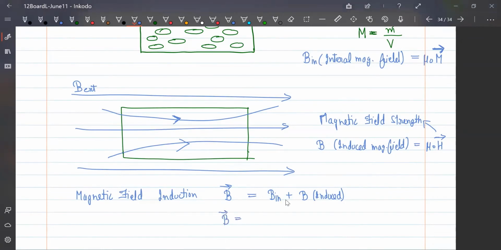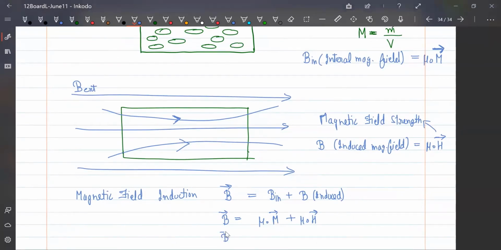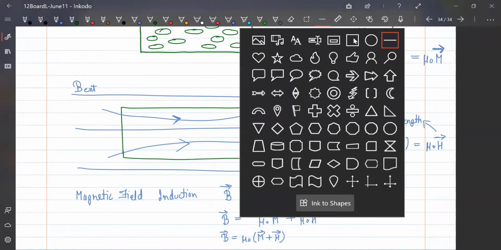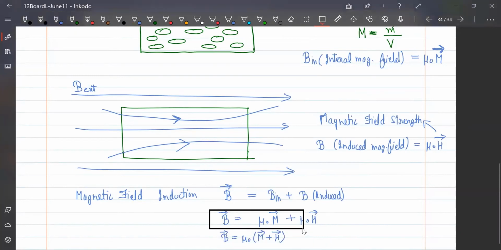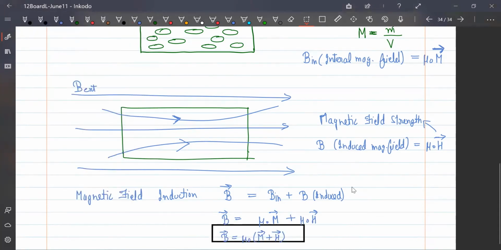So that is written as B internal हो जाएगा mu naught into M vector and B induced हो जाएगा mu naught into H vector. तो यहाँ से टोटल आ जाता है B vector equals mu naught into M vector magnetization plus magnetic field strength vector. Note this down.